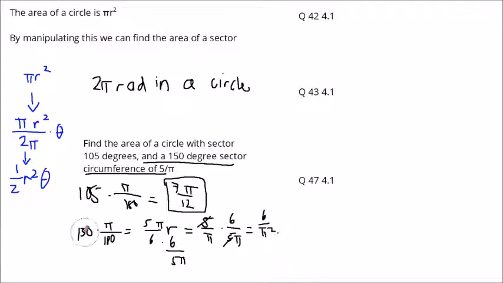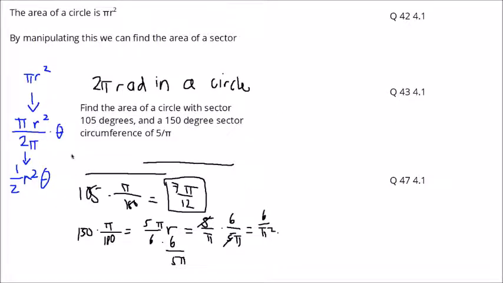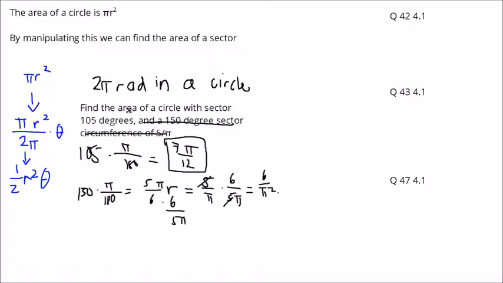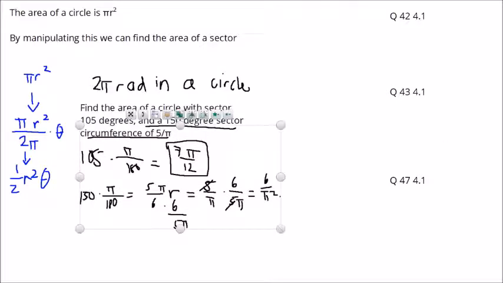So if you take the 6 over pi squared now as the radius, you can put it back in. Oh my god, I need to make more space for myself. Let me move this up a little bit, and let me move all of this up a little bit as well. 1/2 times 6 over pi squared times 7 pi over 12.